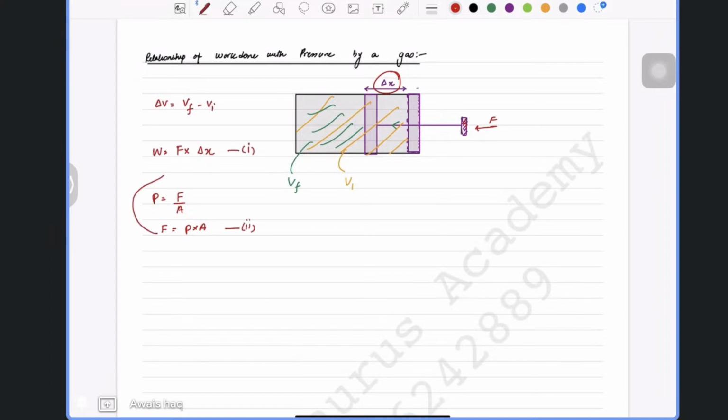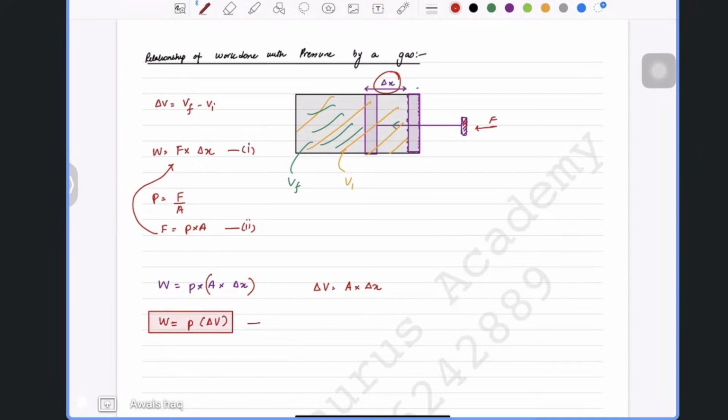If I put it here, I get work done equals pressure times area times change in x. If you realize, the change in volume is also area times change in x. So I can put it here. Work done is pressure times change in volume, and that is the equation I need.